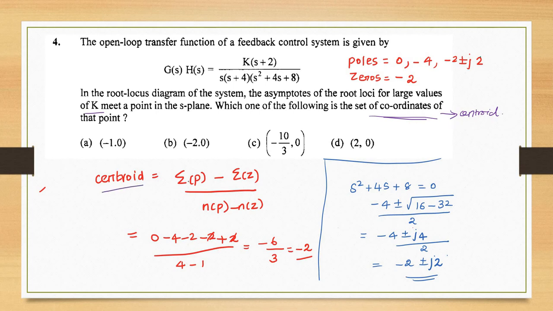What is the centroid? Sum of real parts of poles minus sum of real parts of zeros, divided by number of poles minus number of zeros.